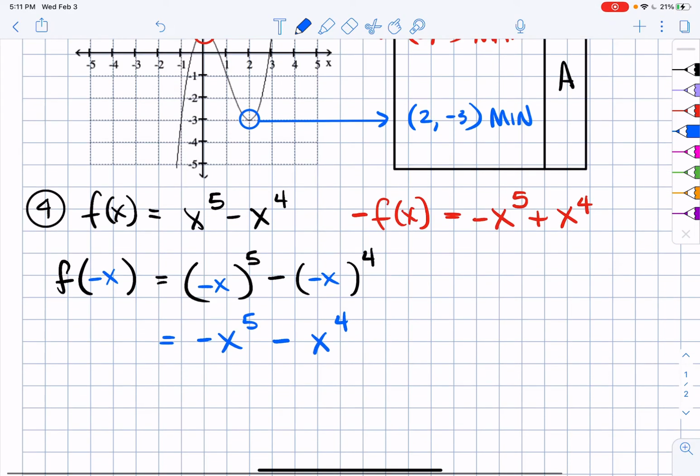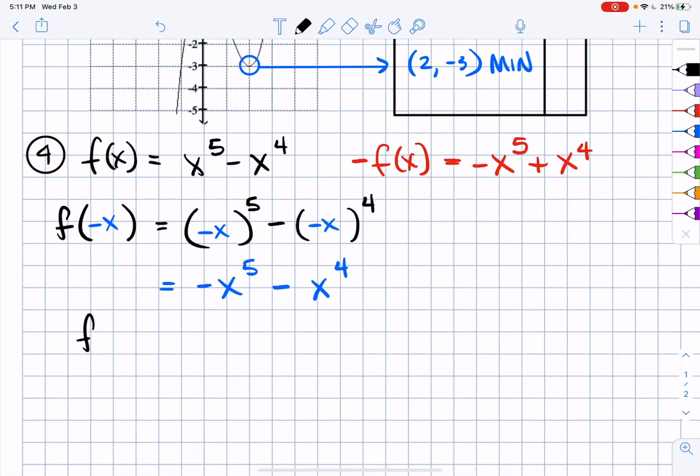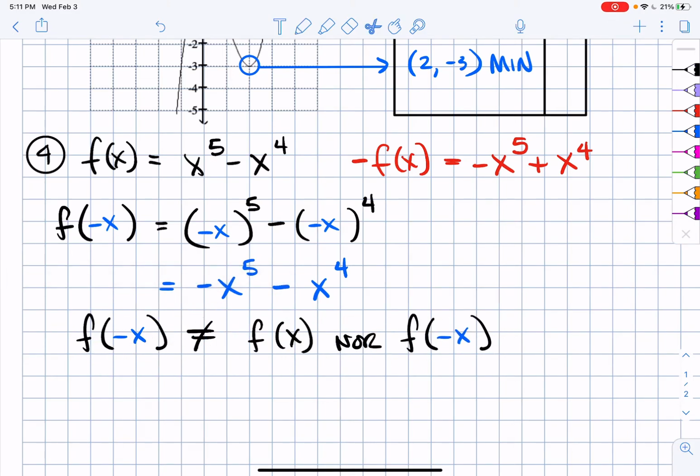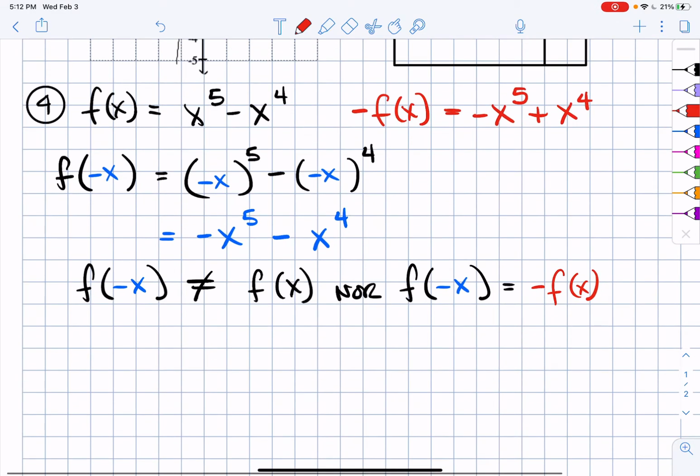So in other words, f of negative x is not equal to f of x, nor is f of negative x equal to negative f of x. So therefore, we have neither, which is choice A.